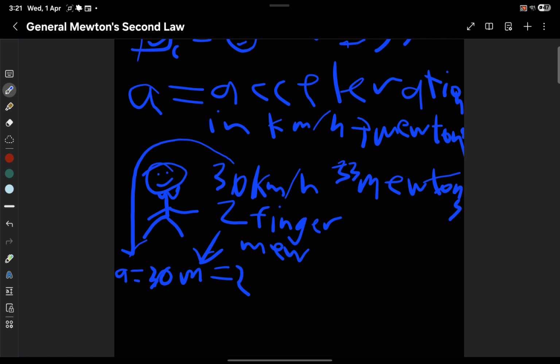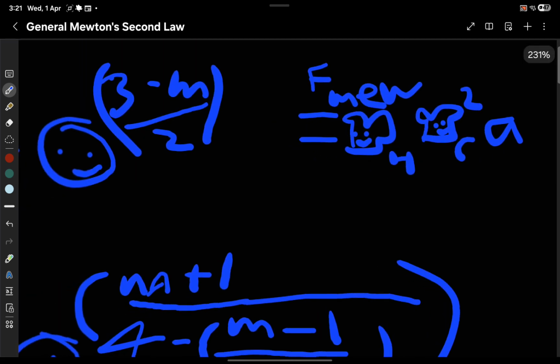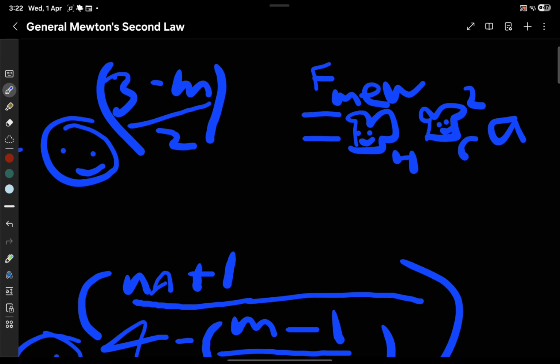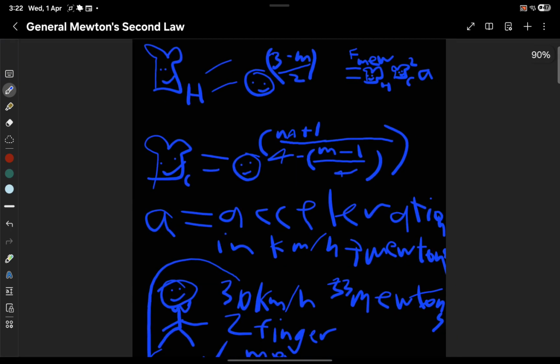Now, just to recap, this is the generalized formula. The force of a mu equals Toasty sub h, Toasty sub c squared, times a. Easy. And Toasty sub h, or Toasty sub handsomeness, is smiley face to the power of 3 minus m over 2.